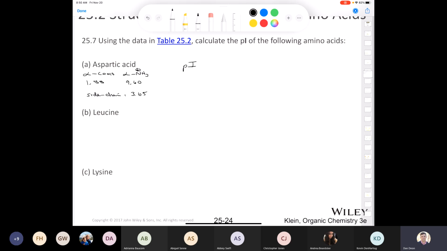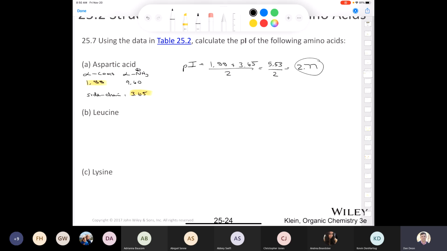So our isoelectric point is going to be equal to the average of the two more acidic pKa's, or the two pKa's from the two carboxyl groups. So I'm going to take 1.88 plus 3.65. I'm going to take the average of that, so that's 5.53 divided by 2, 2.77, something like that.